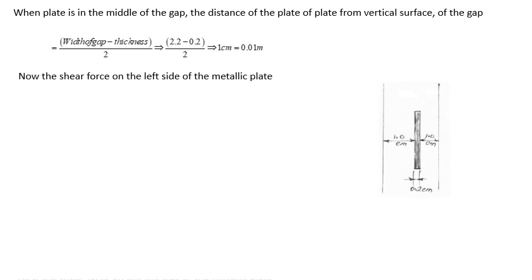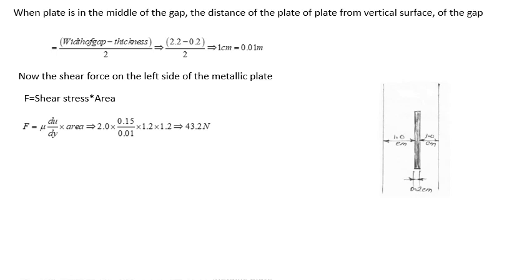So now, what is the shear force on the left side of the metallic plate? The shear force is equal to the shear stress into area. We know that the shear stress is equal to mu into du by dy.